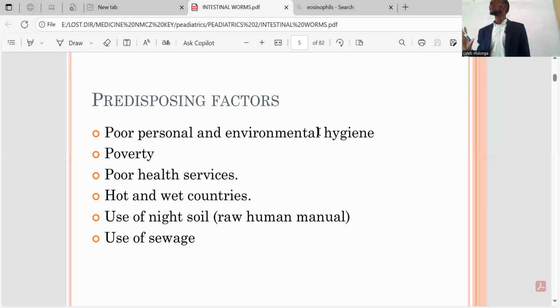Today, at least we can all attest to the fact that in major towns or cities across Zambia, we have a program called the Child Health Week. And during this Child Health Week, there is also deworming. There are also all these sorts of services being offered to children.